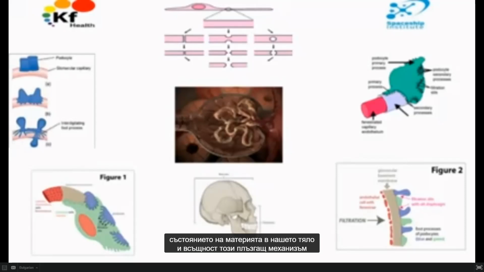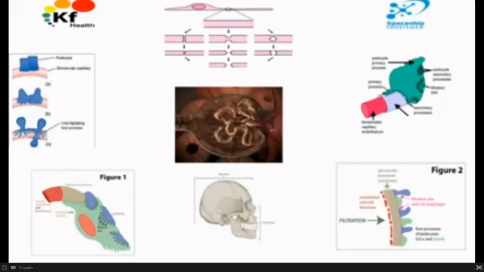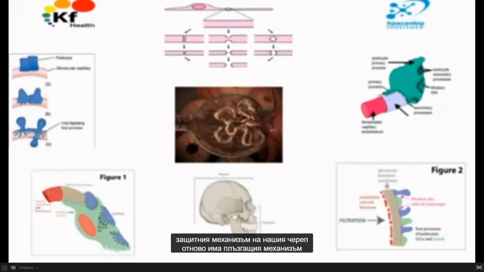And actually that sliding mechanism is represented in the same way in our bones, in our skull. So our thalamus, as I explained to you before, is fed from the foods that our two hemispheres accept from the environment, and you see the sliding mechanism of our skull.